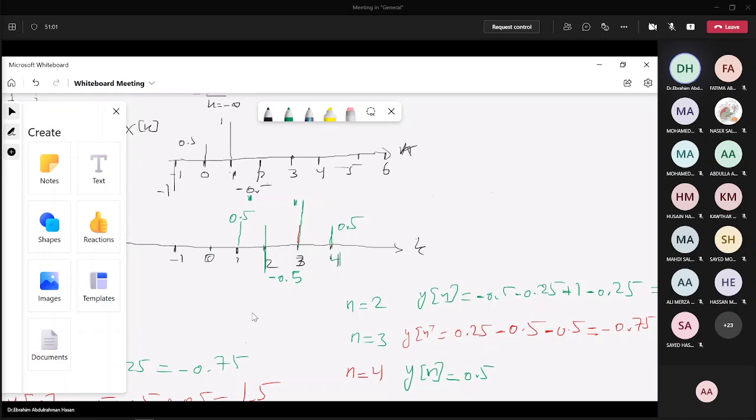Why did we forget this one? Okay, 0.5 multiplied by 1. Then here minus 0.5 multiplied by minus 0.5, so it is 0.25. And here we have 1 multiplied by 0 and 0.5 multiplied by 0, so then it is equal to 0.75.